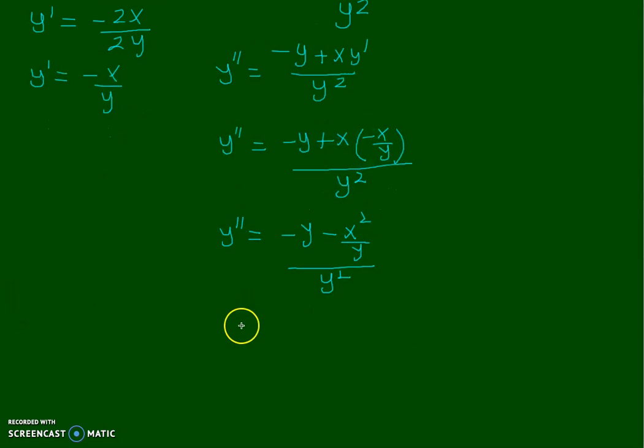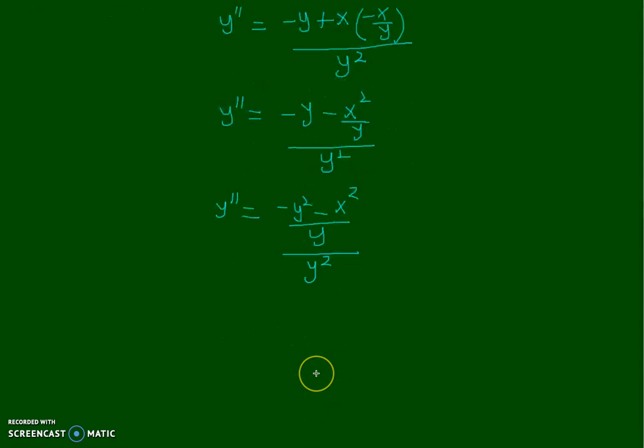And we have y double prime equals this times this, which is negative y squared, minus this times this, x squared over y, all over y squared. And now we're going to alter this because this is y squared over 1. So we're going to change this out.